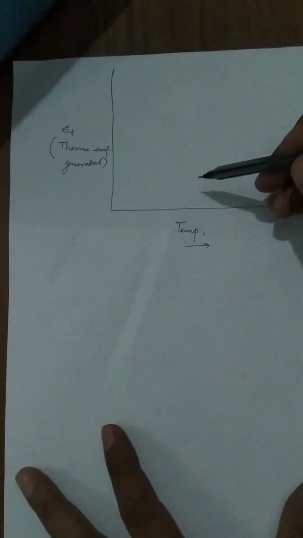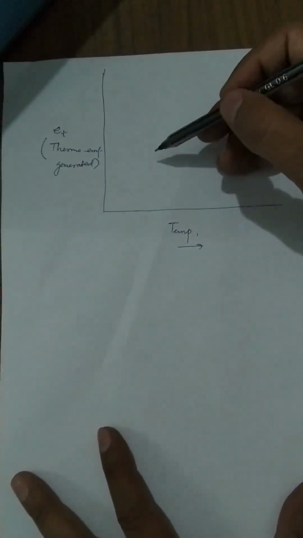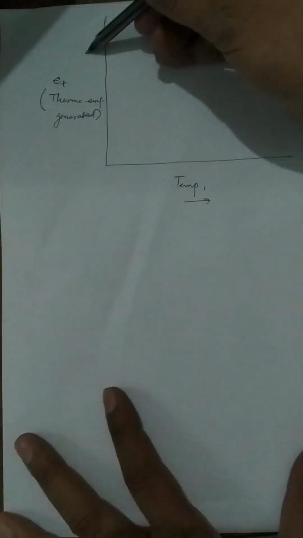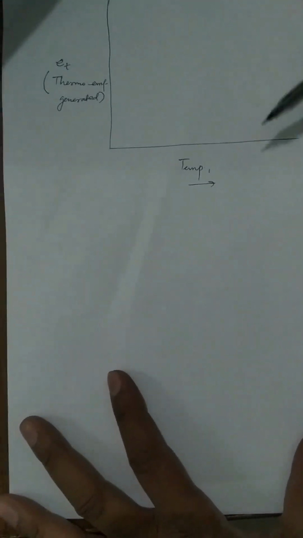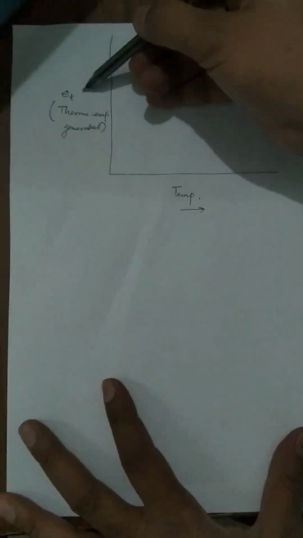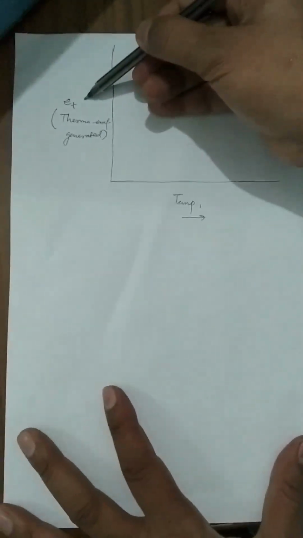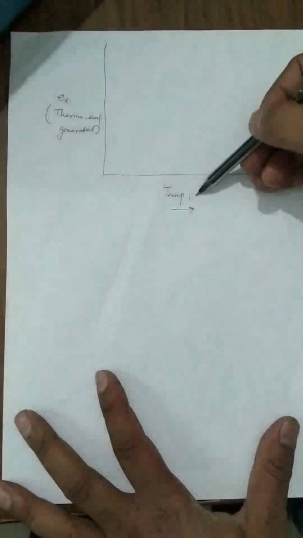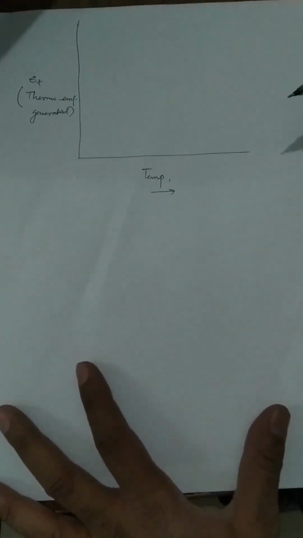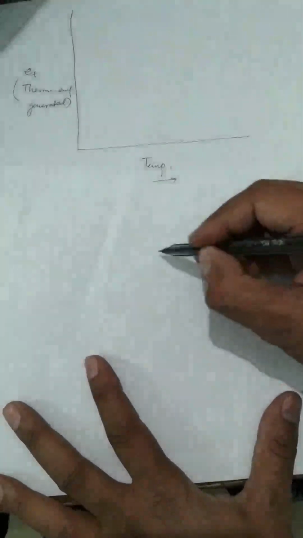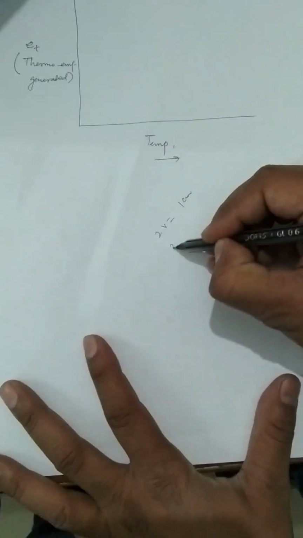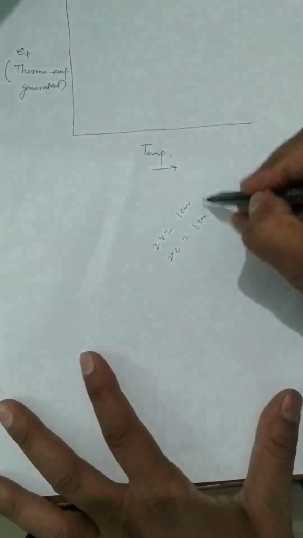You will suppose a suitable scale, that so many volts equals so many divisions on the y-axis, and so many degrees Celsius equals so many divisions on the x-axis. For example, 2 volt equals 1 centimeter, like that, and 2 degrees Celsius equals 1 centimeter.